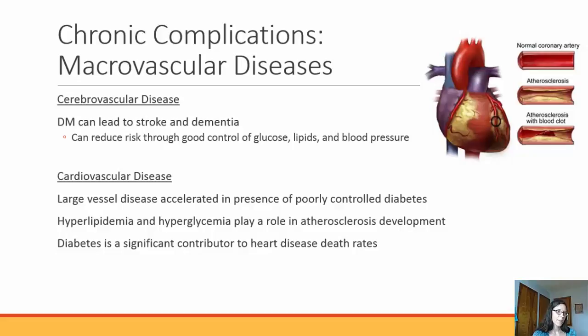And then probably the most common macrovascular disease from diabetes is cardiovascular disease. And again, our large blood vessels just become more and more diseased. Because of the pathology that we talked about earlier, we have higher lipid levels in our blood vessels along with higher glucose levels, and all of these can contribute to cardiovascular disease.